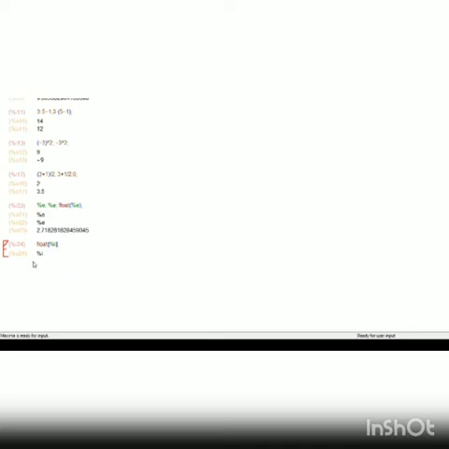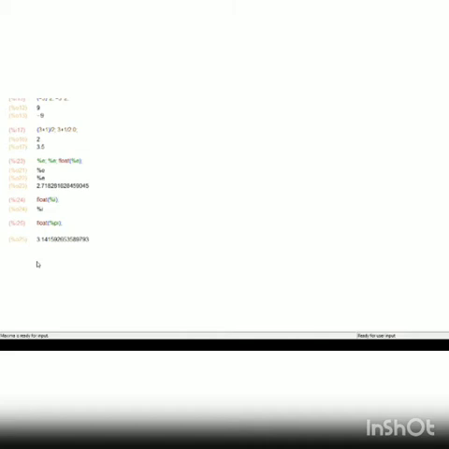Next, %pi. Float of %pi. Sorry, 3.14 something. Then float of %phi. If you wish, you can write all of them in one line, but the only thing is you have to use a semicolon.